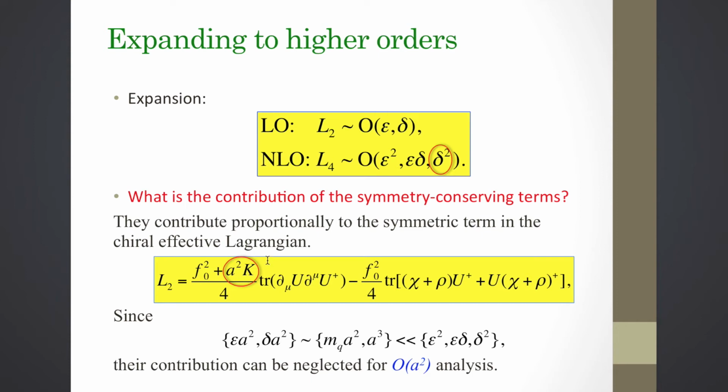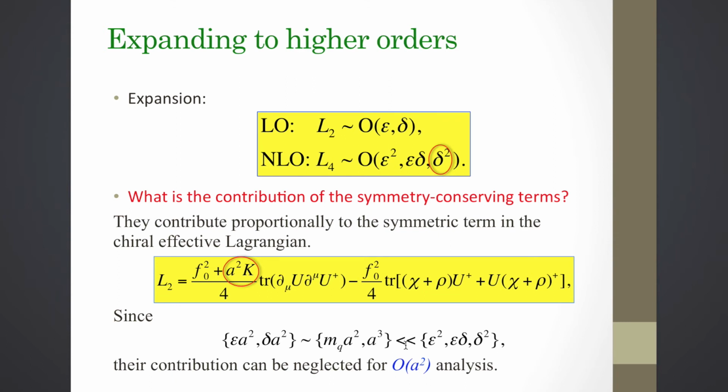So should we include the contributions from this shift? If we do a dimensional analysis, we will find that a squared times the leading order Lagrangian will be of order epsilon a squared and delta a squared, and they are actually of order m squared a squared times a to the third.